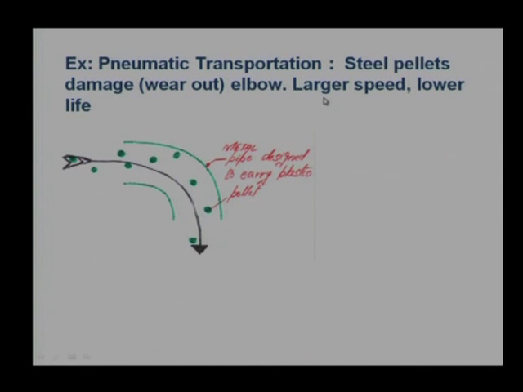In addition, we want to increase the speed of transportation. We are not only changing the mass and density, we are changing the velocity also. We want to go ahead with a higher velocity, and we know that kinetic energy is proportional to v squared. Sensitivity is increasing: if we increase the velocity, that square effect comes into the picture.